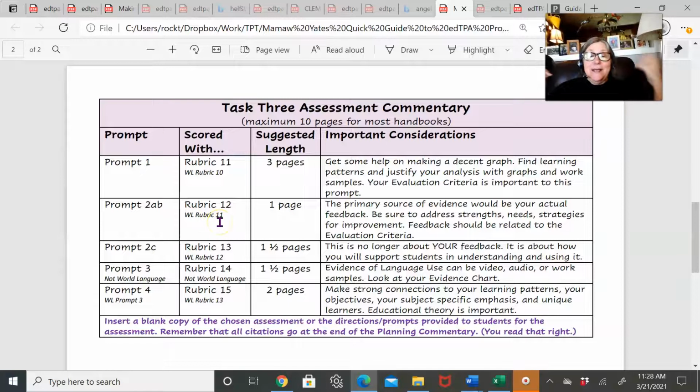2A and B is where you describe your feedback evidence, and a lot of people just really go overboard with that, and they write a couple of 3 pages when really the primary source of evidence is your actual feedback. So that's why I say just 1 page. 2C should be longer because the evidence you're using is no longer your actual feedback.